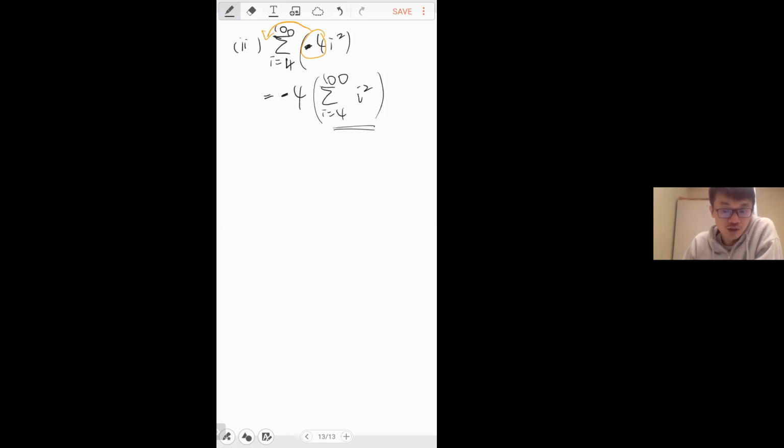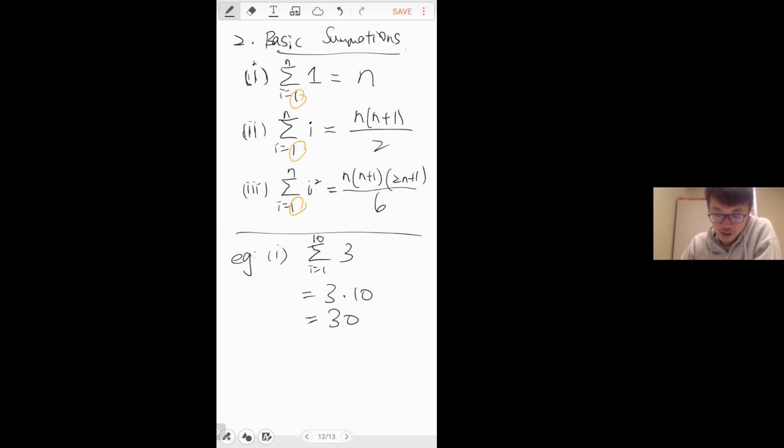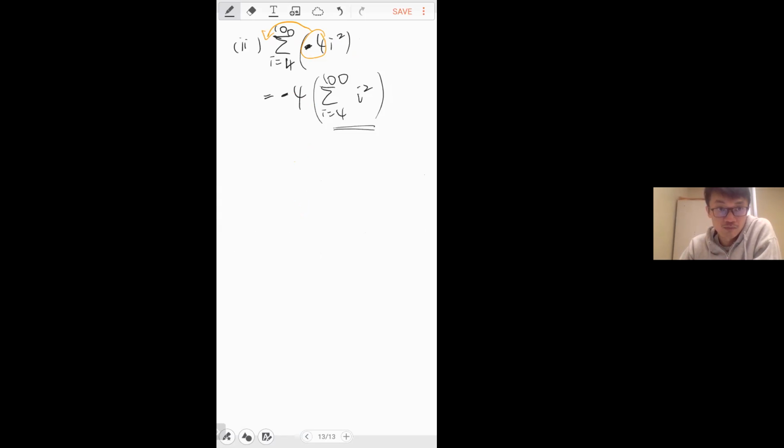This is a summation from 4 to 100. The formula is a formula for the sum from 1 to n. So what you can do is you can first sum from 1 to 100 and then subtract the first three. Exactly.